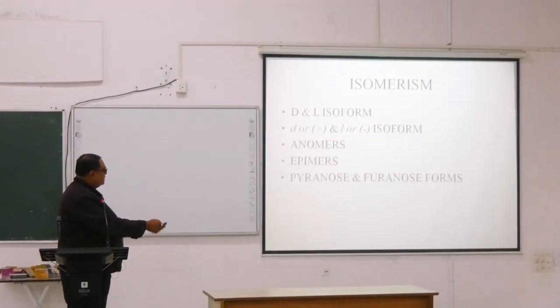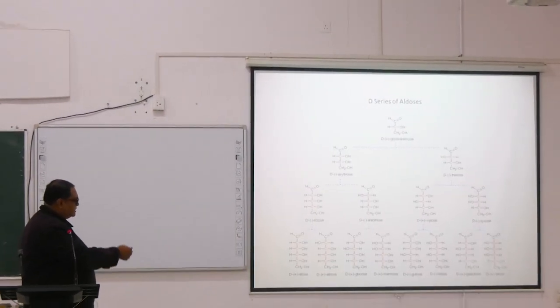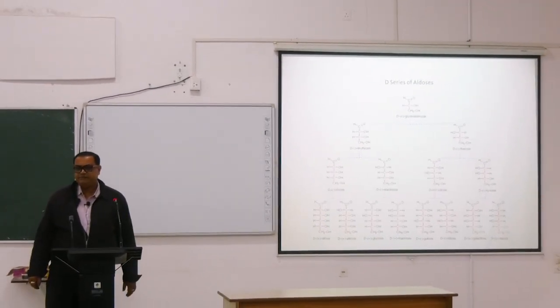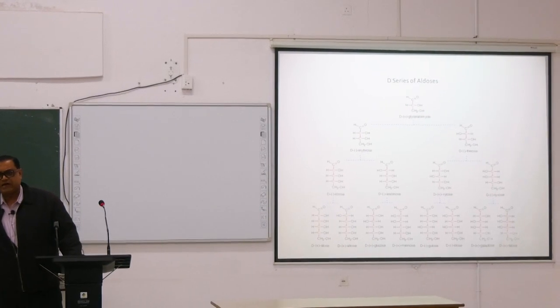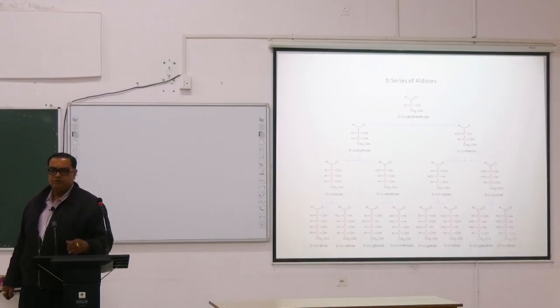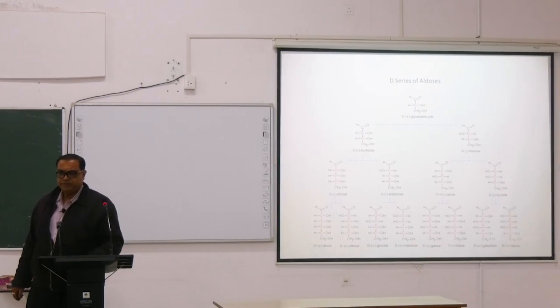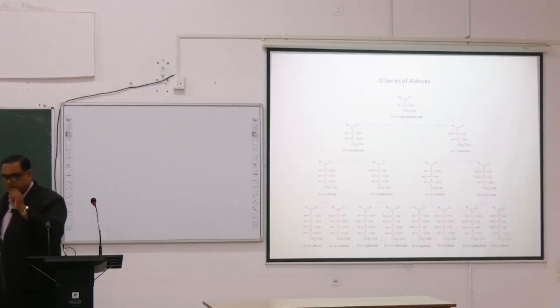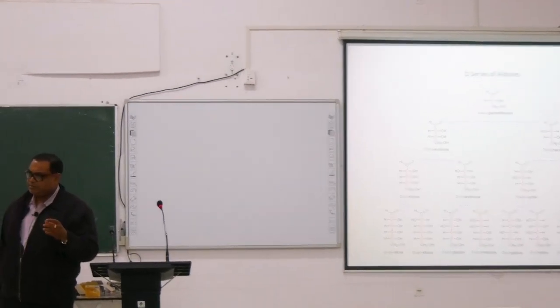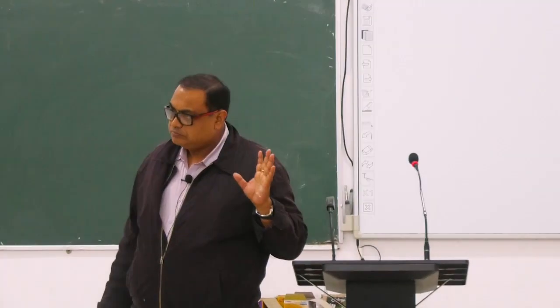Now this is the thing we discussed to remember the names. This is very easy to remember. If we start with D-glyceraldehyde, then each time we go one step below, the number of carbon atoms increases by 1, and the newly added carbon is added between C1 and C2.